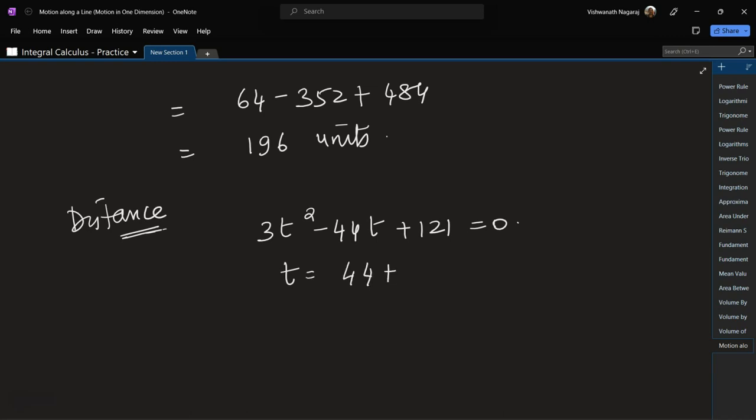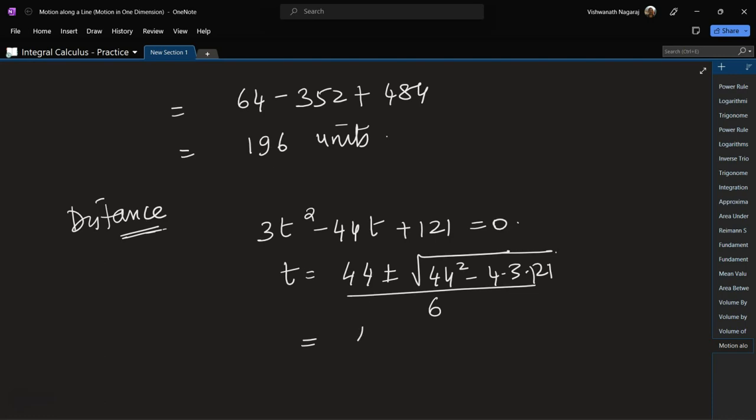Minus b plus or minus square root of b square, b square is 44 square, minus 4ac, so 4 times 3 times 121, divided by 2a, that is 6.